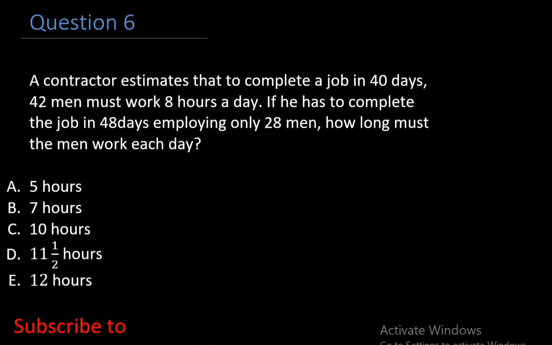Question 6. A contractor estimates that to complete a job in 40 days, 42 men must work 8 hours a day. If he has to complete the job in 48 days employing only 28 men, how long must the men work each day? This is compound proportion. So we have days, the column for men, and then hours.